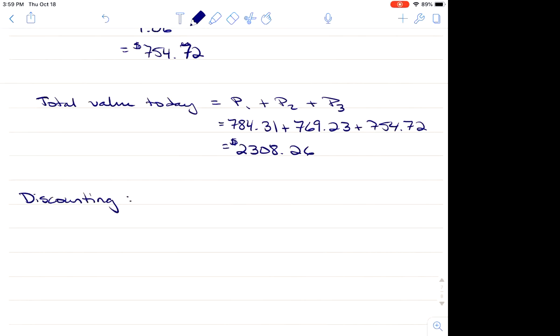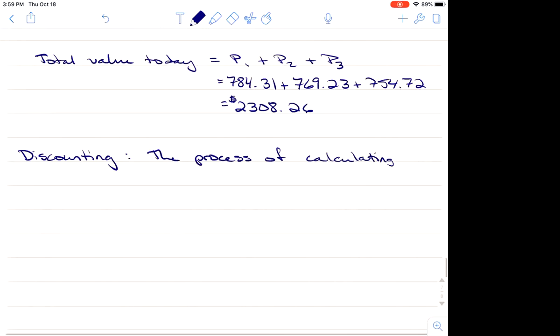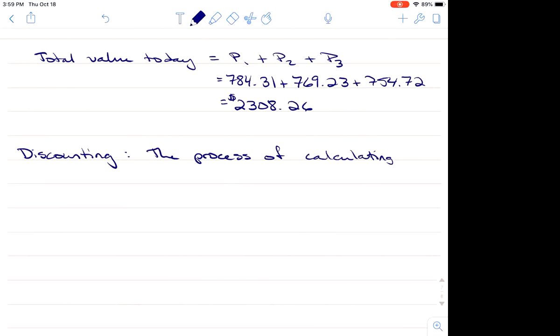Discounting is the process of calculating a payment's present value, or principal value.